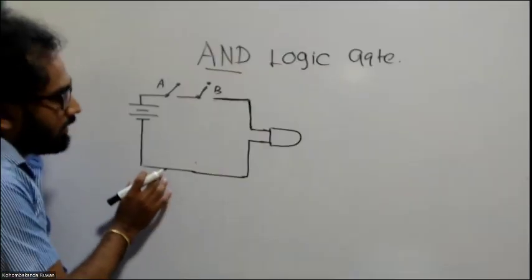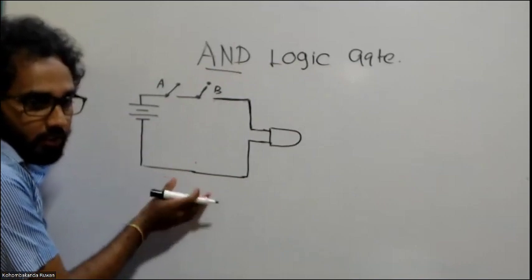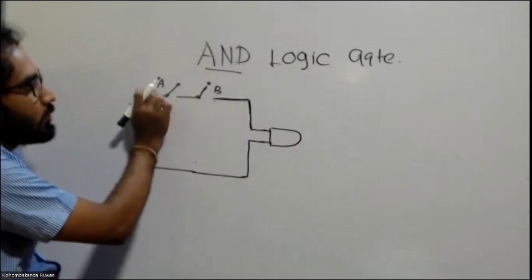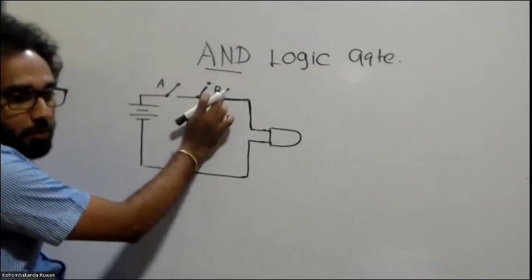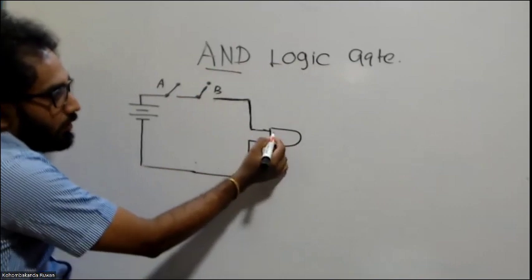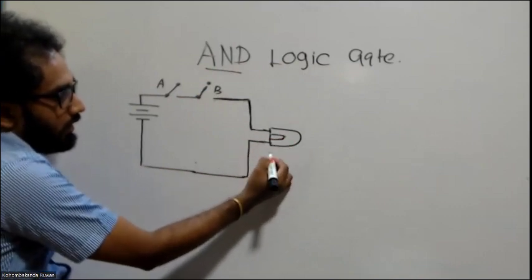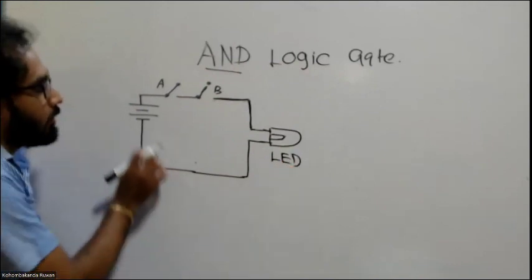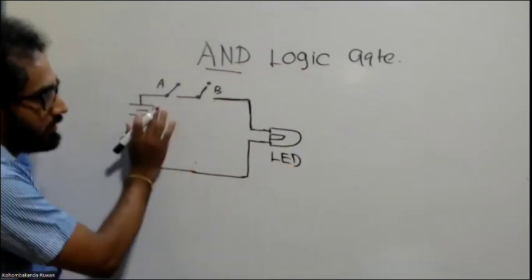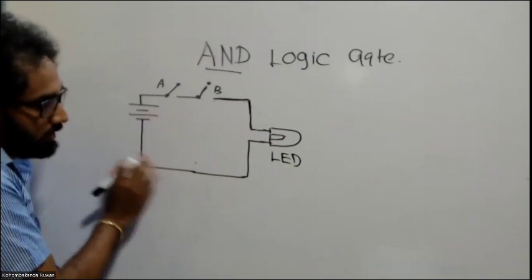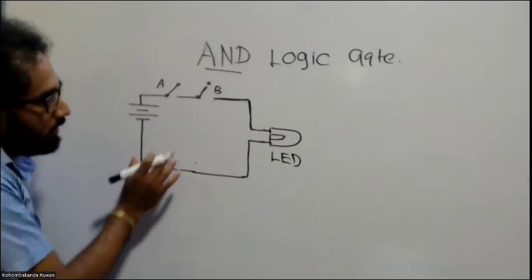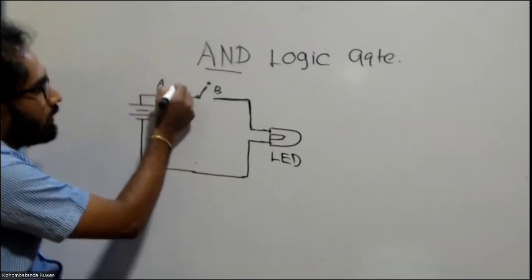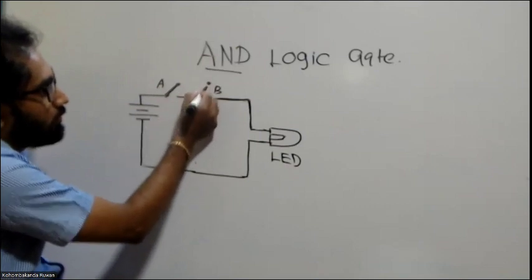This is a simple electronic circuit. Here there are two switches. One is switch A, the other one is switch B. This is an LED bulb. There are two batteries here. Now assume that both switches are in the switched off state.